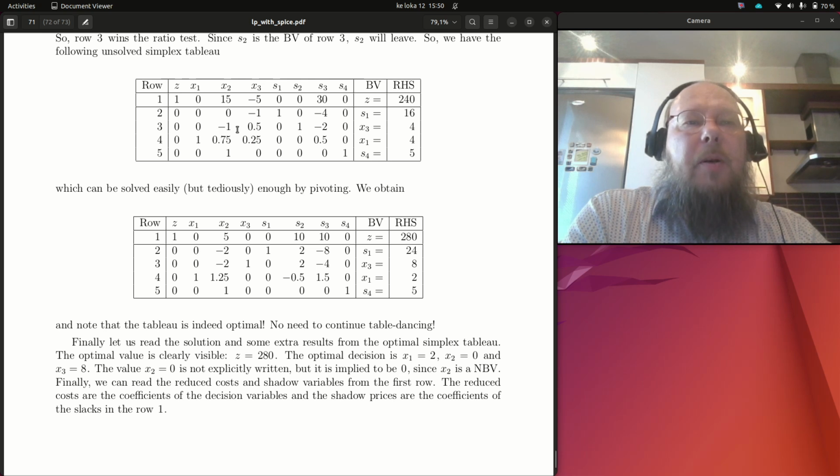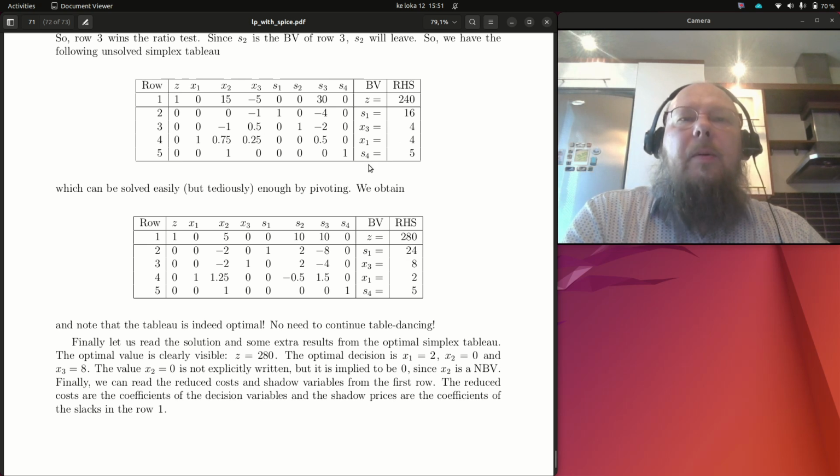So this becomes minus 2, 1, 2, minus 4, 8. So that's this line here. Minus 2, 1, 2, minus 4. Here becomes minus 4. And 4 becomes 8. So we multiplied this row by 2 because 2 times 0.5 is 1.